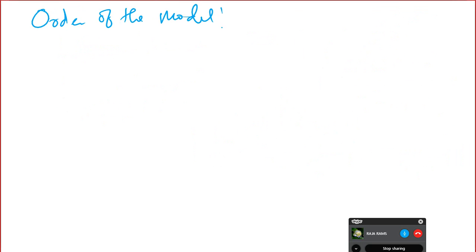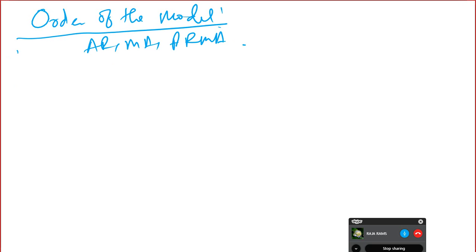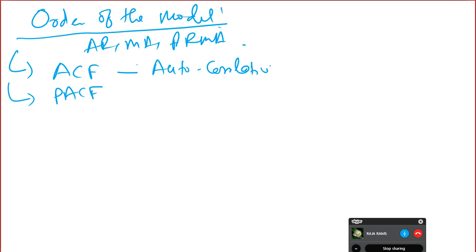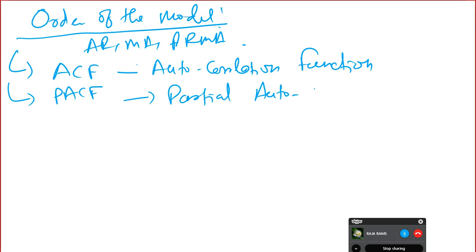That means how many lags and how many error terms to be included in the AR and MA models. There are two functions which are used. One is ACF, the other one is PACF. ACF is known as the autocorrelation function, and PACF is called the partial autocorrelation function.